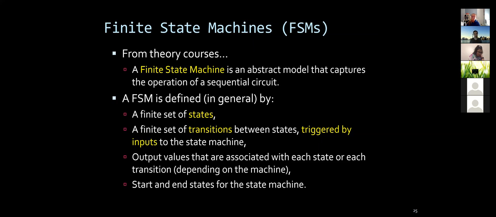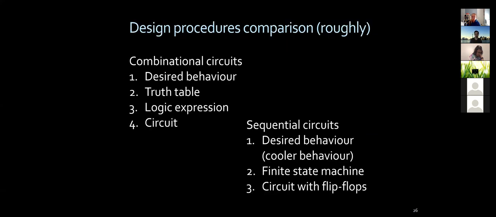It also has a finite set of transitions between states triggered by inputs to the state machine. The state machine gets those inputs, or transitions, that change it. Output values are associated with each state or each transition, depending on the machine. Start and end states might be added as a starting position and end position. But essentially, there are states and transitions that explain the whole logic of the circuit.